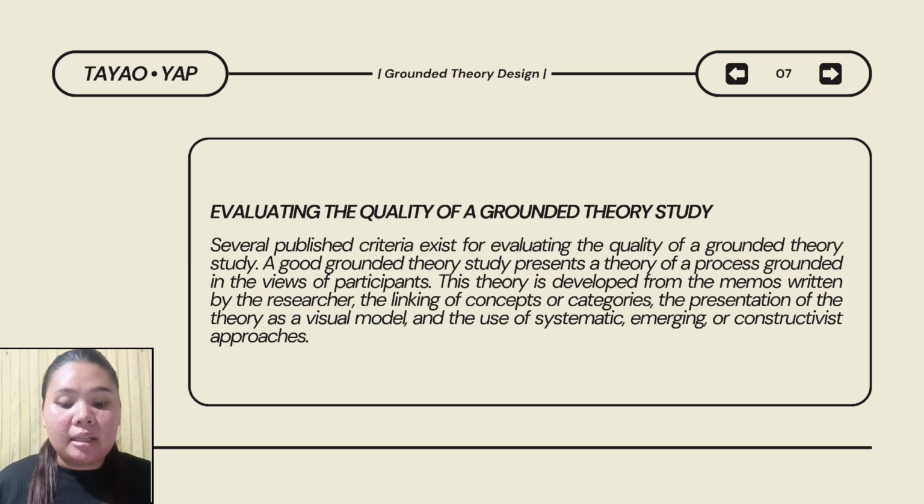It makes certain that a link exists between the data, the generation of categories, and the ultimate theory. It provides evidence of using memoing and sampling that enables the generation of the theory, and presents a visual model of the theory. And the last is that it provides evidence of the use of one of the types of grounded theory designs, such as the systematic, emerging, or constructivist approaches. So that's how grounded theory is evaluated.